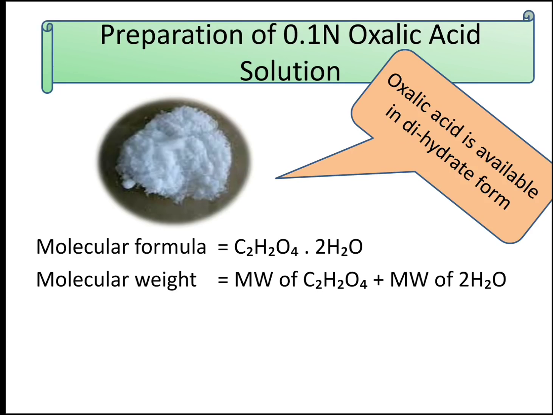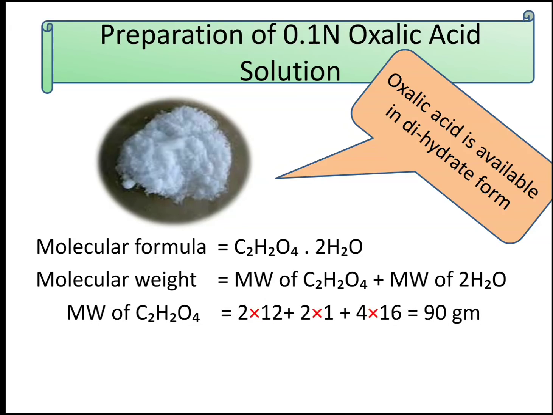Now we again require molecular weight calculation for normal solutions. So the molecular weight of oxalic acid dihydrate is the sum of the molecular weight of oxalic acid and 2 moles of water. Let's calculate: the molecular mass of oxalic acid is equal to 90 gram, and 2 moles of water have a molecular mass of 36 gram.